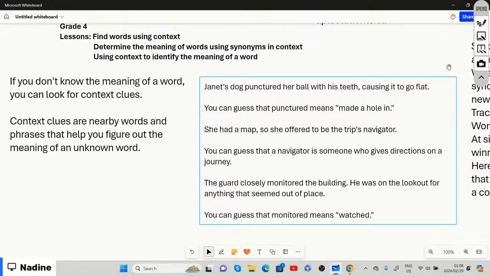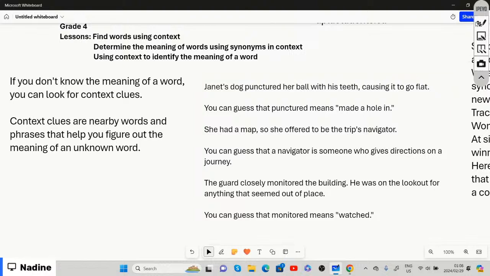So if you look at the word punctured, let's say you don't know what it means, because the word is kind of big. It's like saying, why couldn't they say that Janet's dog bit the ball? So now they're saying Janet's dog punctured her ball with his teeth, causing it to go flat.